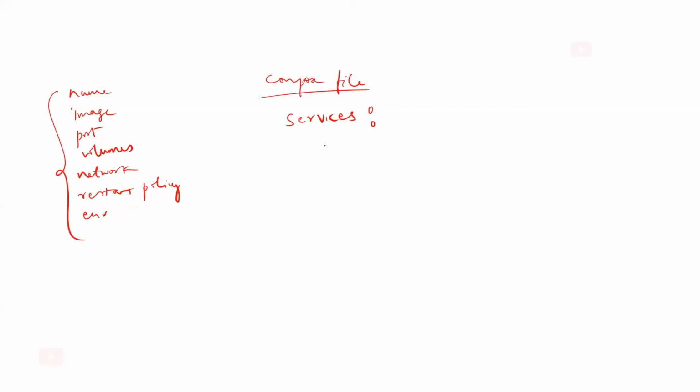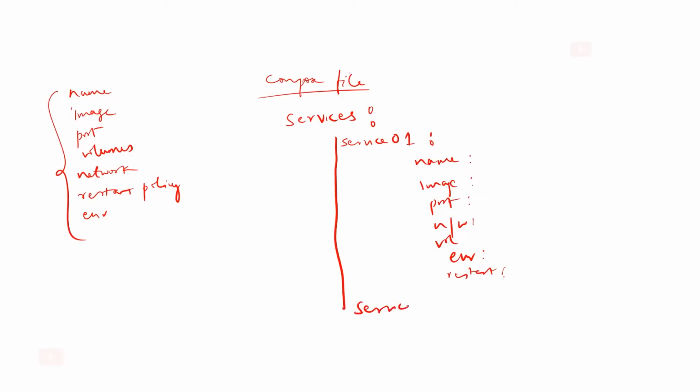Under services, you have to write the first service's information. You can call this container one. So what should be the name of the container, the image that the container should run, the ports, networks, volumes, environment variables, etc., and then the restart policy. Similarly, at the same level, I'll go for service two and put the same information.